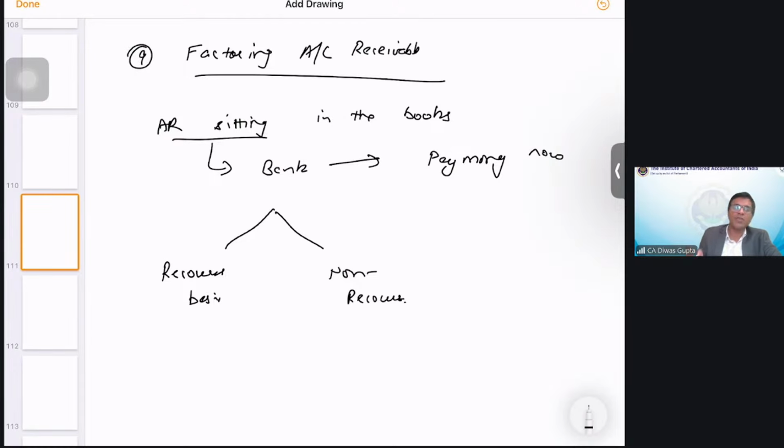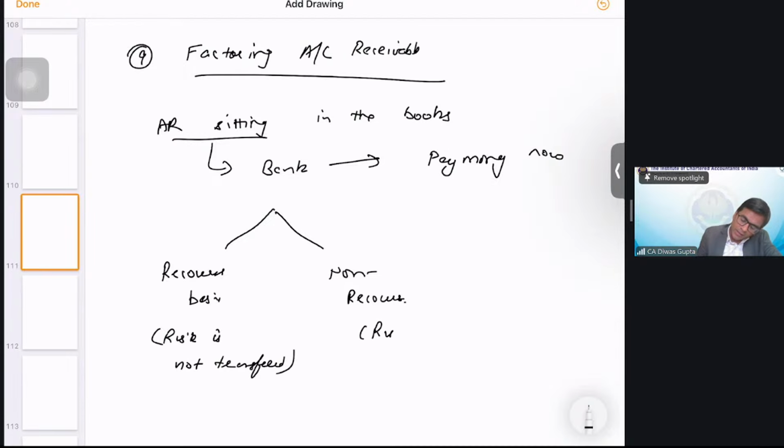Anyone would like to attempt what is meant by recourse and non-recourse? Anyone would like to call out? Yes, Saminathan has mentioned if AR is not paid, then the company needs to pay. That means the risk is not getting transferred.